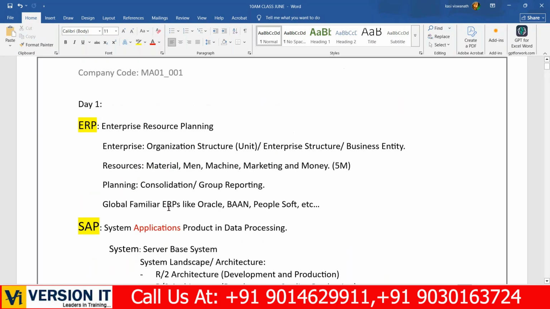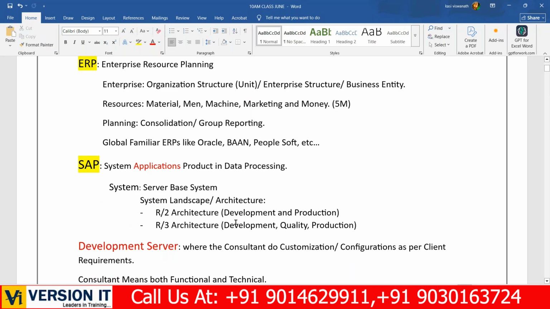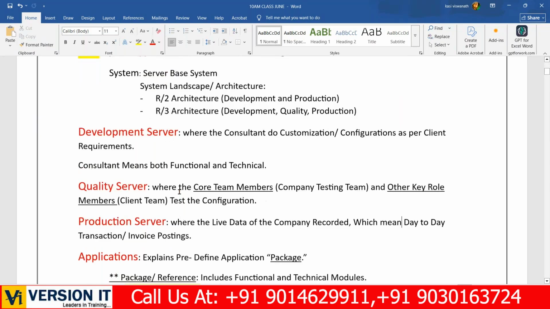Now, today we discussed the system. What are the two different types of systems? R2 and R3. Next main heading: applications.